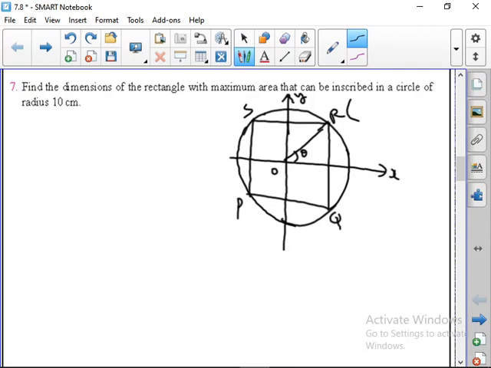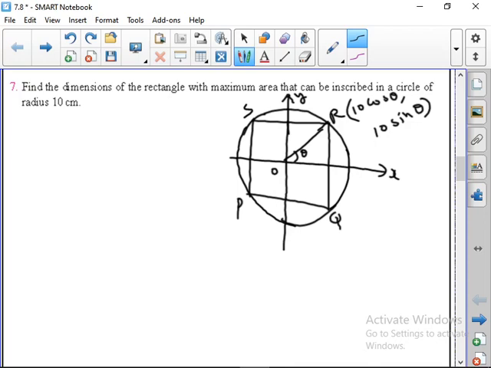We have seen already in complex numbers, r is r cos theta comma r sin theta. Now the radius is 10, so the point is 10 cos theta comma 10 sin theta.